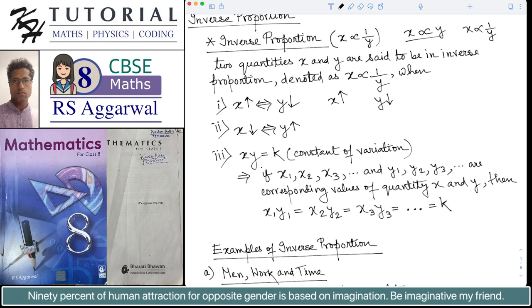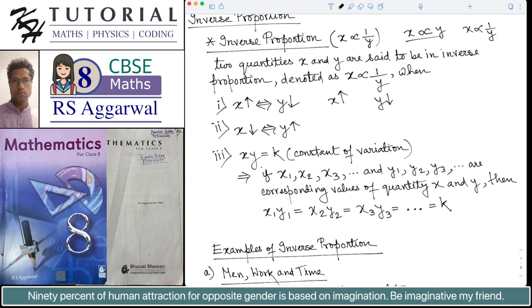So if x1, x2, x3 and y1, y2, y3 are corresponding values of quantities x and y, it means that when the value of x is x1, the value of y is y1. Similarly, when x is x2, y is y2, and when x is x3, y is y3. So x1, x2, x3 and y1, y2, y3 are respectively the corresponding values of quantities x and y.